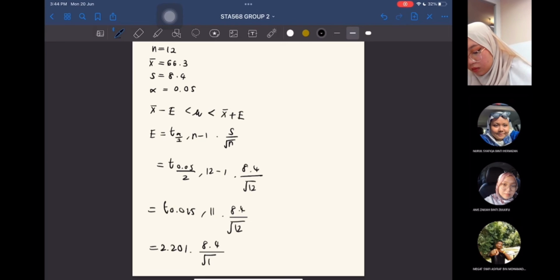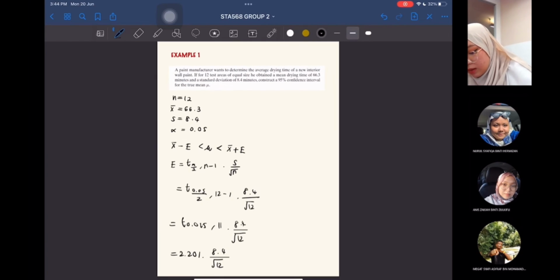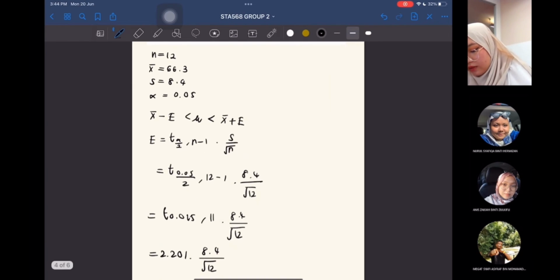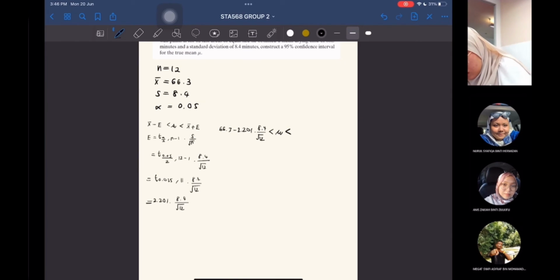And then we substitute the E value into the formula: 66.3 plus 2.201 times 8.4 over the square root of 12.